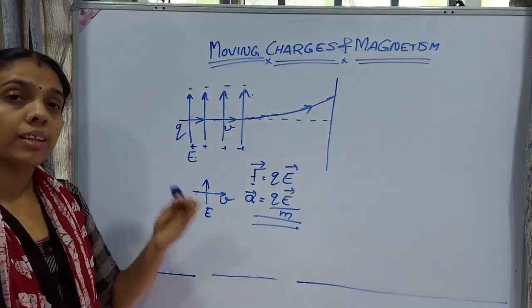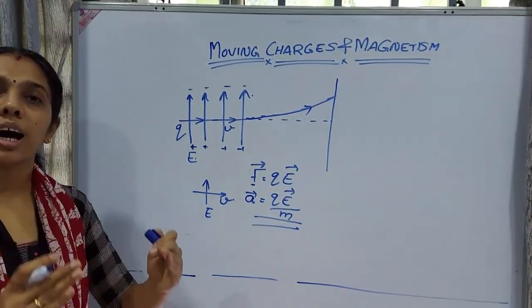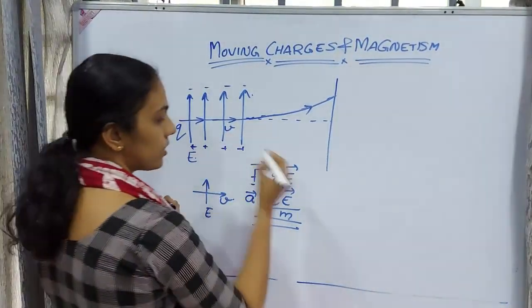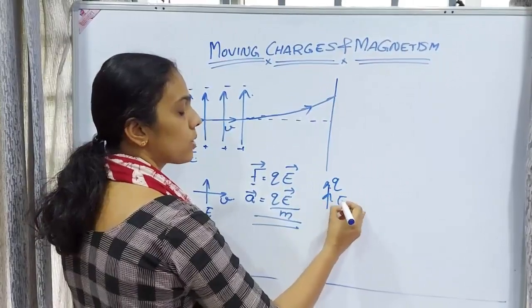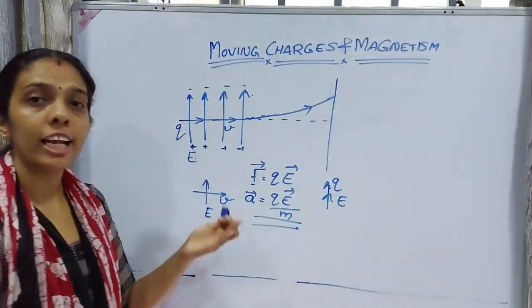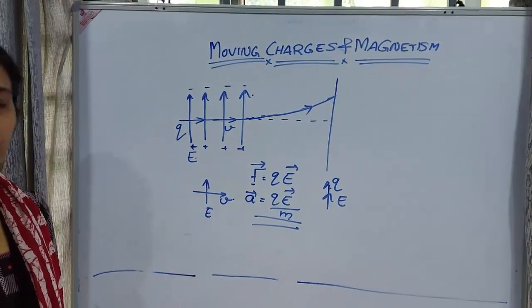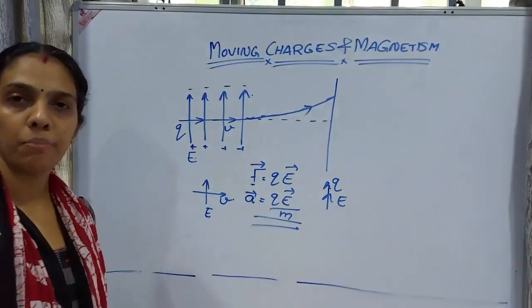If this charged particle and the electric field are both parallel to each other, what will happen? If the charged particle Q is moving in this direction and the electric field is in the same direction, then it will get accelerated along the same path itself. There is no change of path if both are parallel.